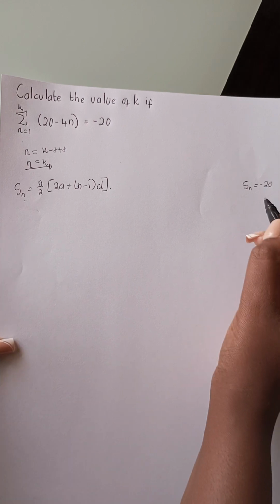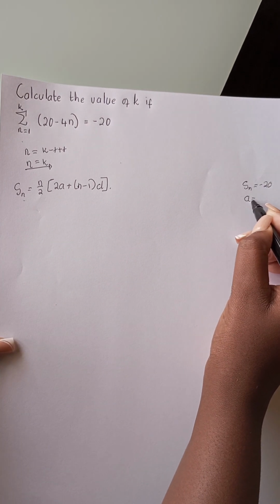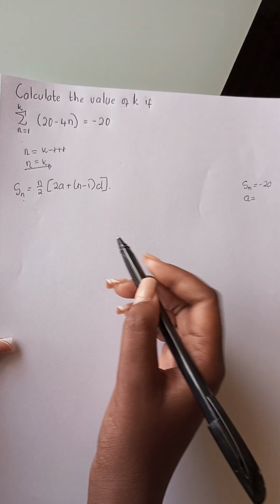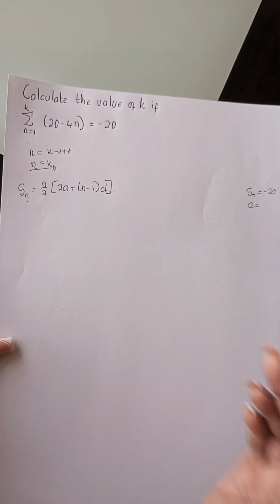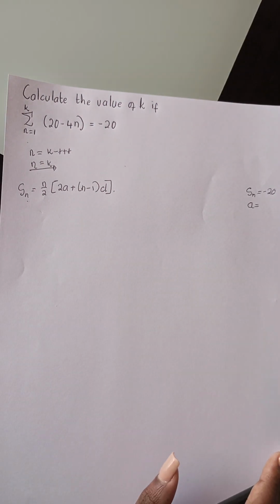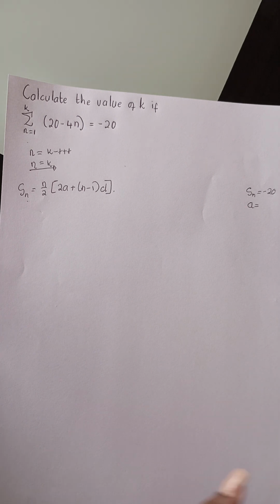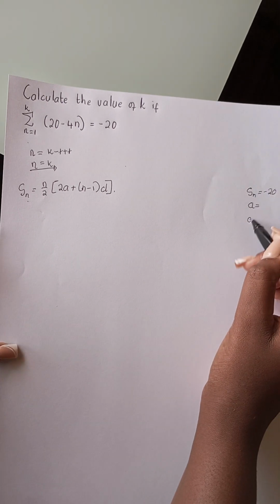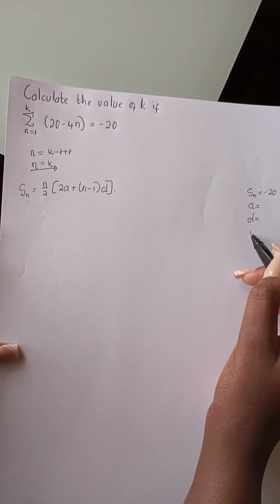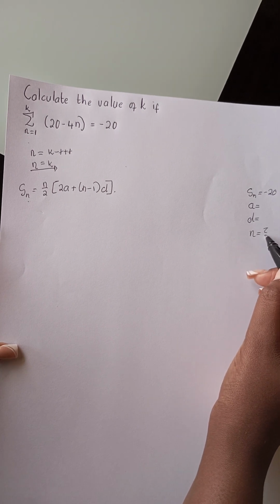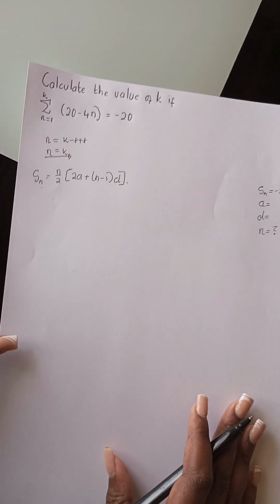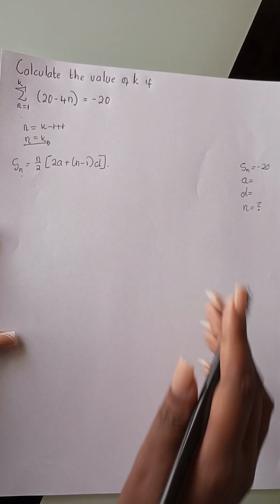So we're going to come here and say a is equal to, we're going to calculate it. And then let's check d. D is the constant difference. Do we have it? No, we don't. But can we find it? Yes, we can. Therefore, we're going to come here and say d is equal to, then n is what we are looking for.